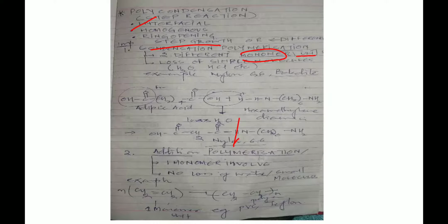When these two monomer units combine, they undergo condensation polymerization. One of the basic characteristics of this type of reaction is the loss of some smaller molecule, like water or HCl, as a byproduct. Some examples of condensation polymerization are nylon 66 and bakelite.